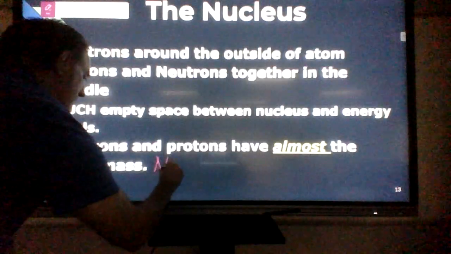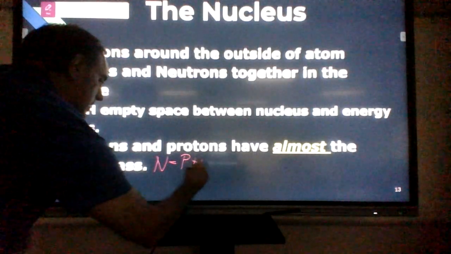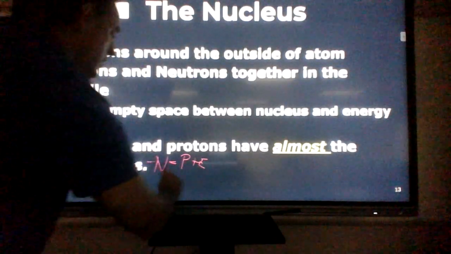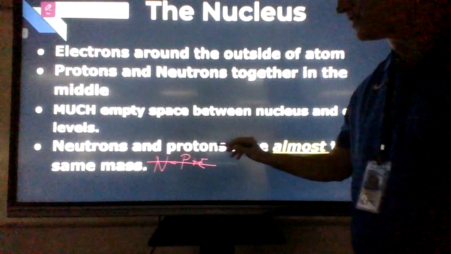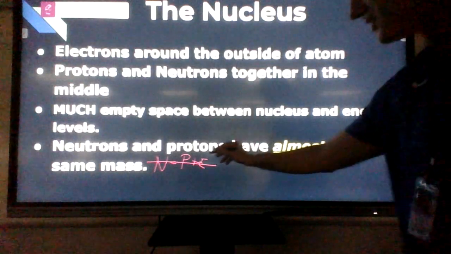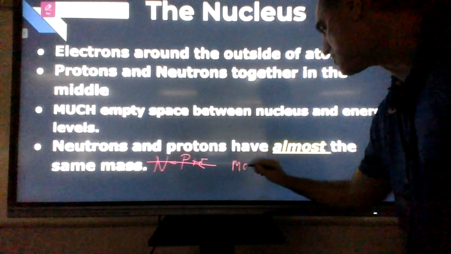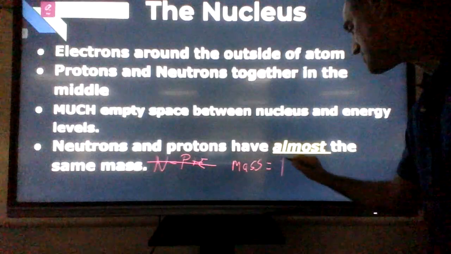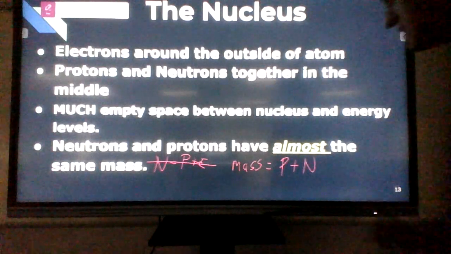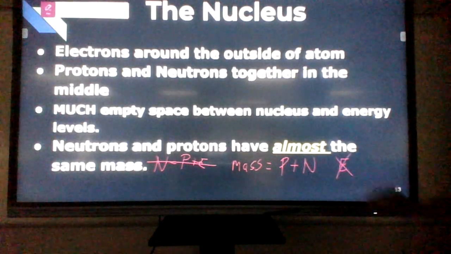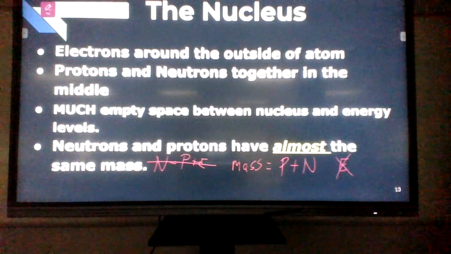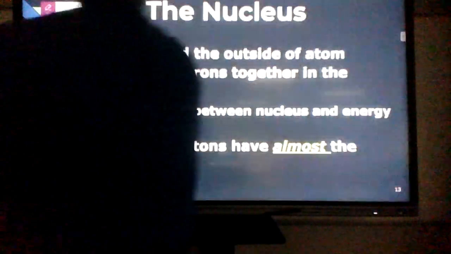A neutron is actually a proton and an electron stuck together, but because of the insignificance of the electron, to get the total mass of an atom, we just add the protons and the neutrons, and we don't have to worry about the electrons at all when dealing with the mass. And that is why. Ready?